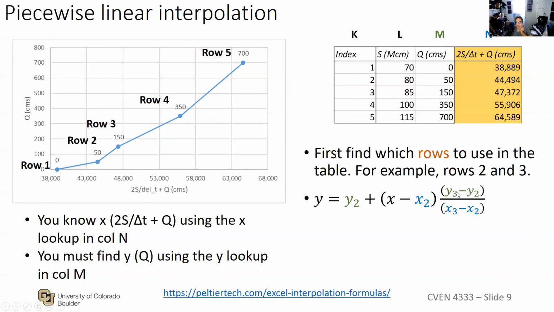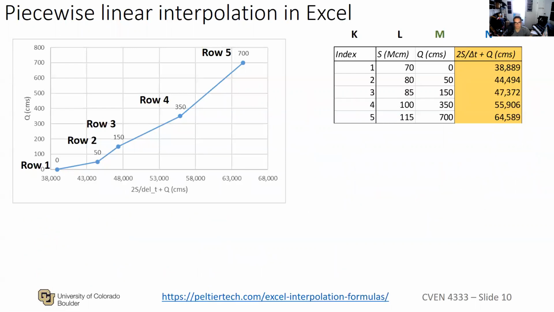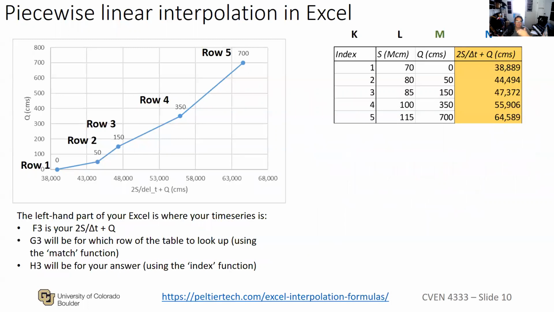I've color-coded these for the y lookup and the blue lookup, which you'll see in a minute when we do the Excel version. The trick to this is really to use this automated procedure for finding the rows between which you end up using to interpolate. And so those are the two new equations that we're going to be introducing.